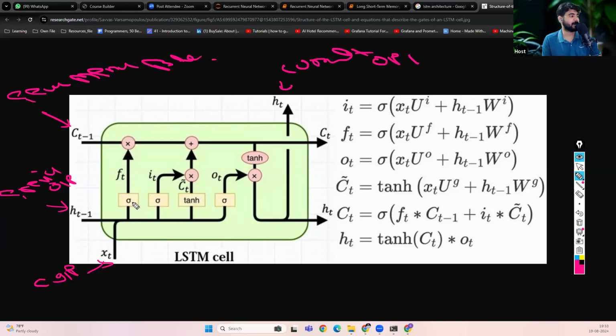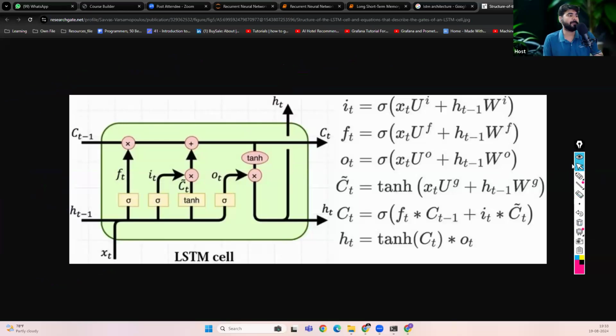Now here we have the sigmoid activation function. This is the tanh activation function. F of t means the forget gate. Now let's understand how we can do this complete calculation. Here we have terms like sigmoid, like I of t. Let me write it this way.